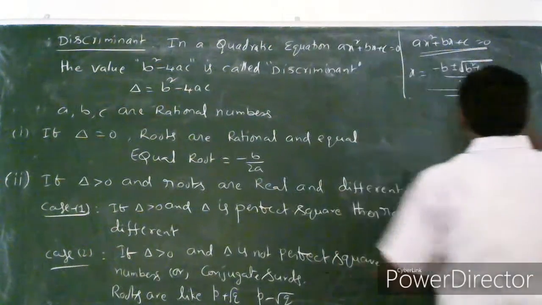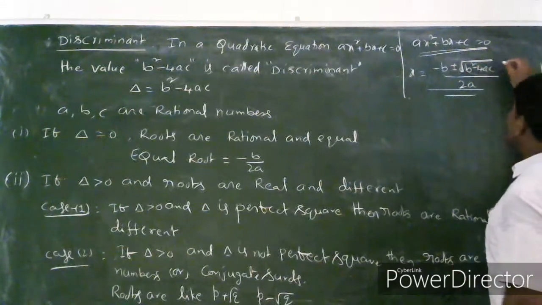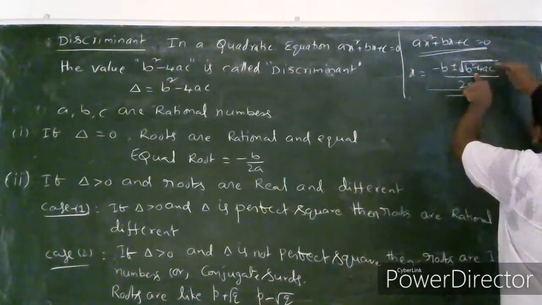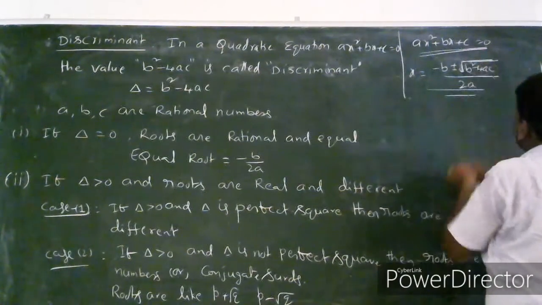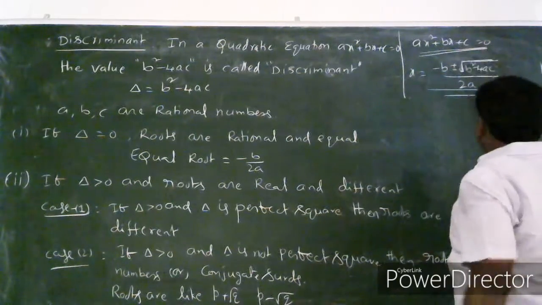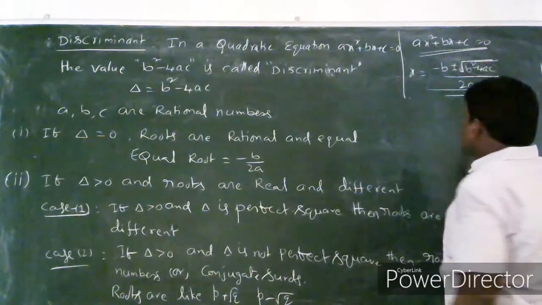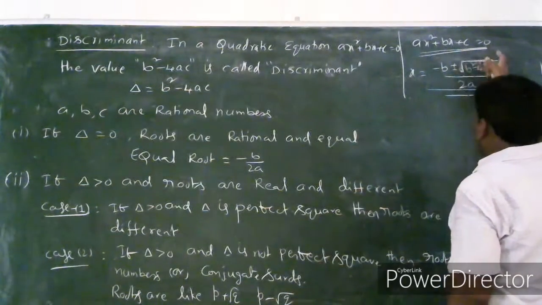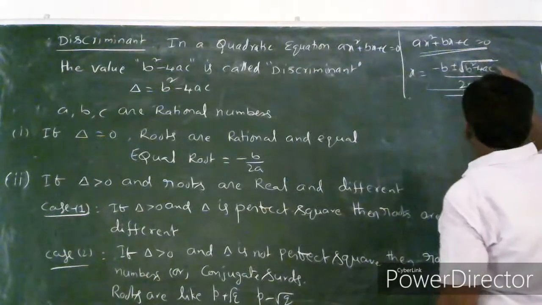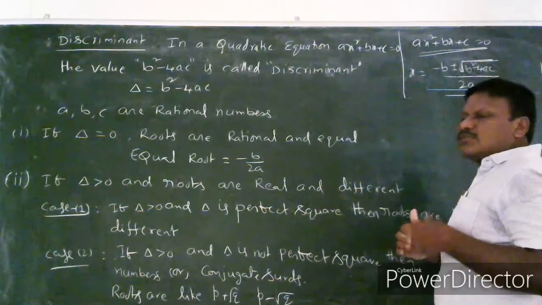So this b square minus 4ac value is inside the root. Suppose it becomes 0, then there is no root value; the remaining value is minus b by 2a. If b square minus 4ac is a positive value, like root 2 or root 3, we get surds or irrational values. Suppose in this root we get minus 2 or minus 3, that means imaginary values.